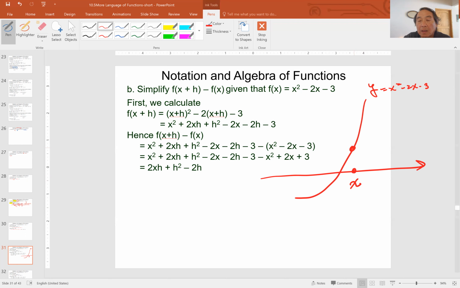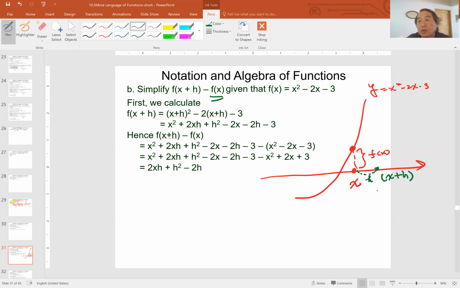And then the height of this point, which is the y, this is f of x. What's f of x plus h? First of all, what's x plus h? If h means a small number, some small number added to x, you wind up now at a different location.